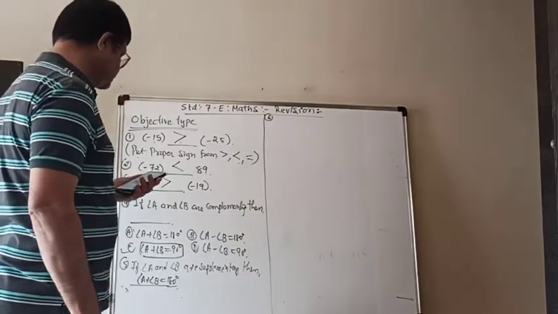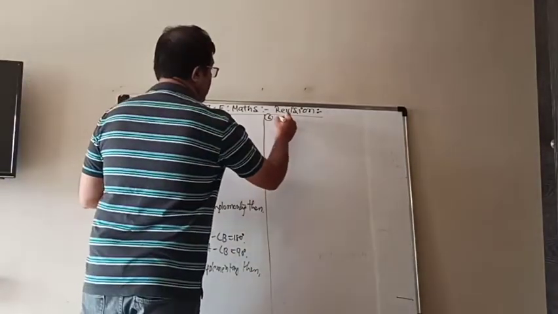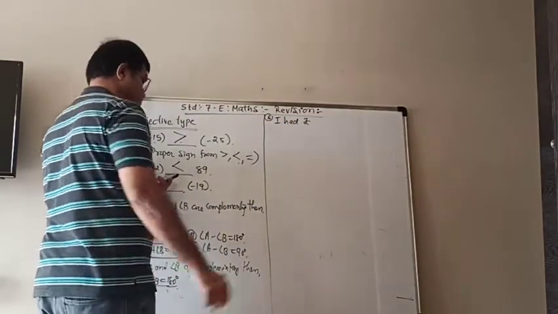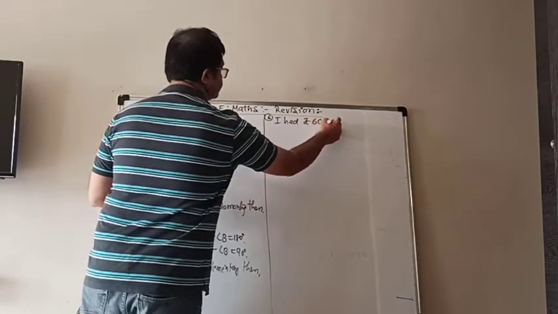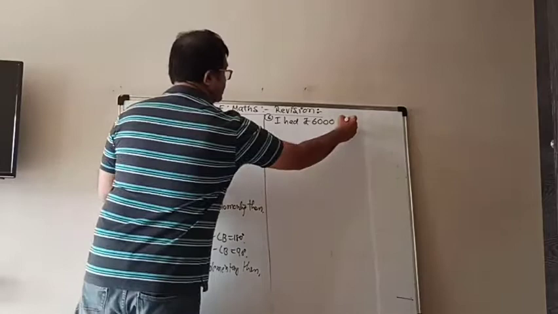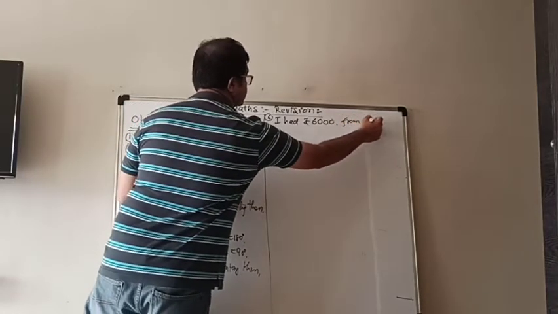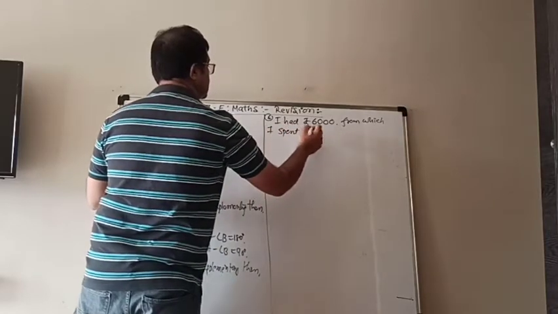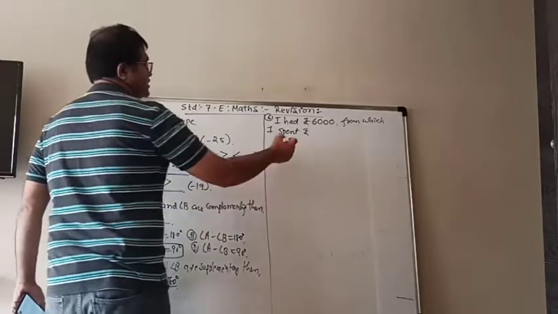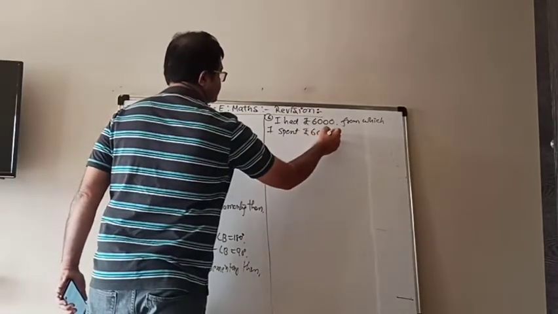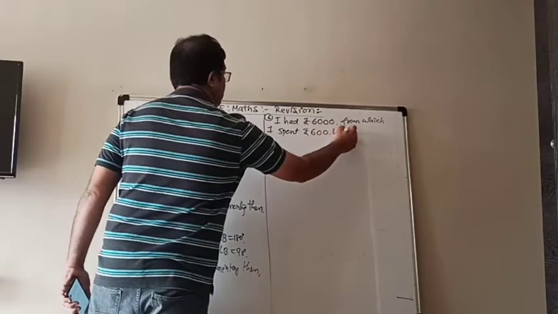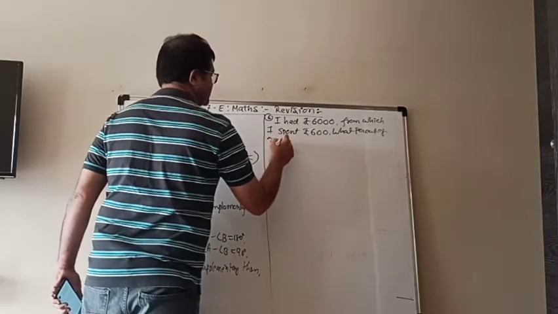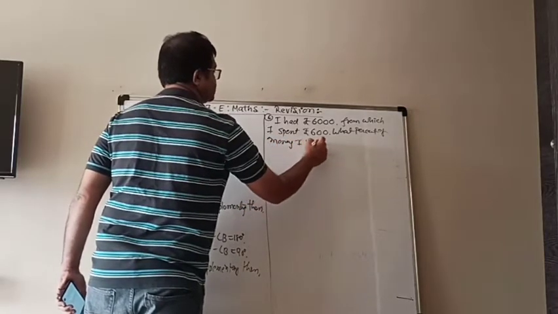Next one. I had rupees 6,000, from which I spent rupees 600. What percent of money did I use?